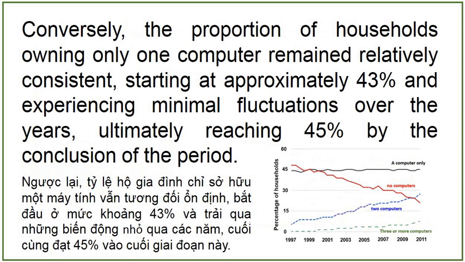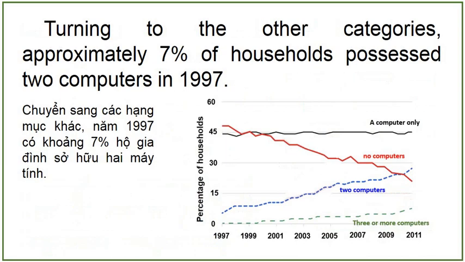Conversely, the proportion of households owning only one computer remained relatively consistent, starting at approximately 43% and experiencing minimal fluctuations over the years, ultimately reaching 45% by the conclusion of the period. Turning to the other categories, approximately 7% of households possessed 2 computers in 1997.